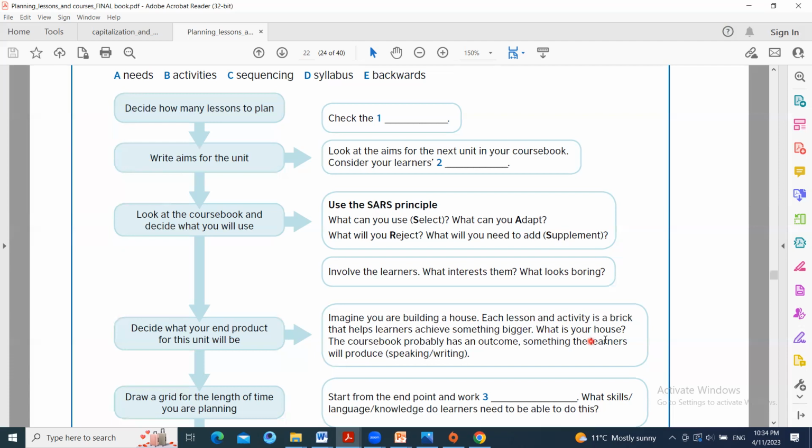What is your house? The course book probably has an outcome, something the learners will produce, speaking or even writing, or spoken or written.